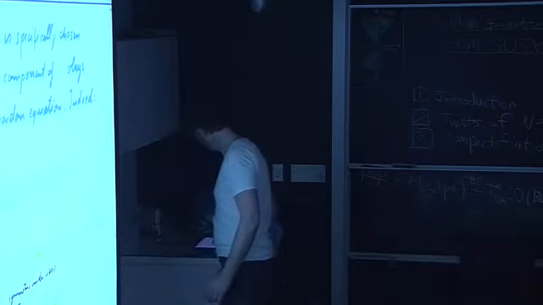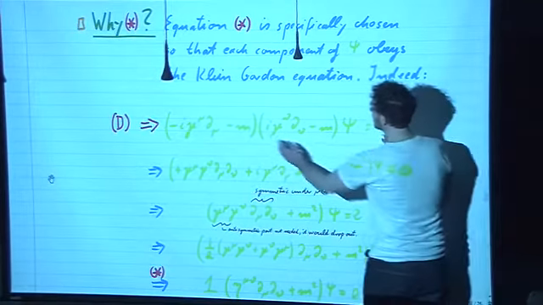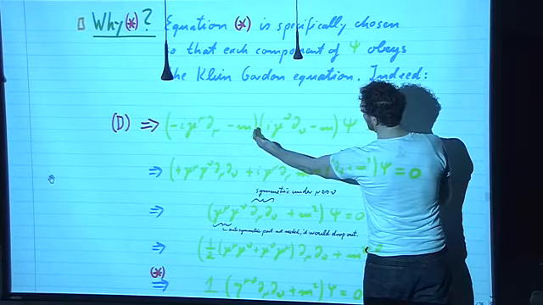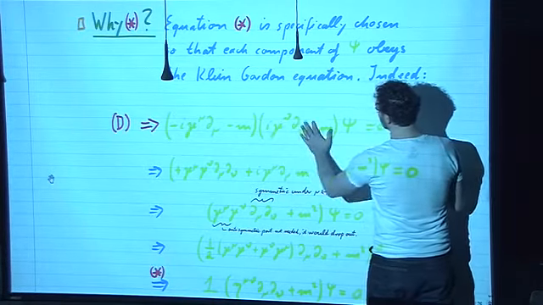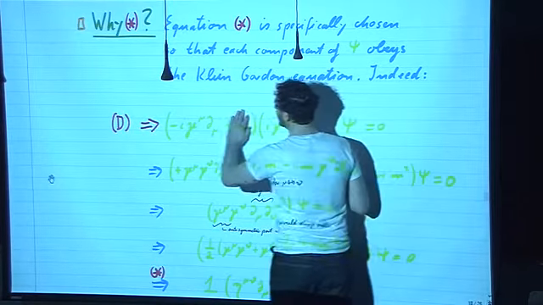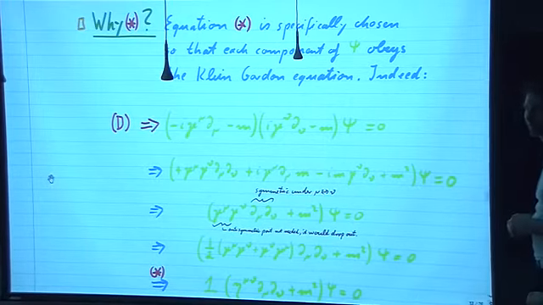Let's verify that. This is the Klein-Gordon equation. This is the Dirac equation, just this much. Now, if this applied to psi is equal to 0, then you are free to multiply here with whatever you want, and it's still equal to 0, right?